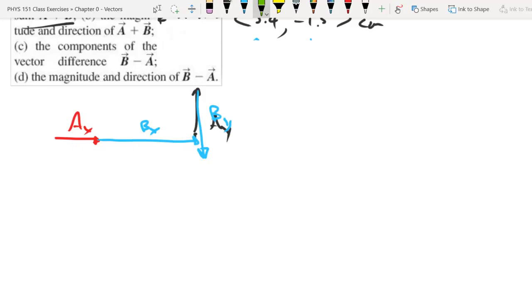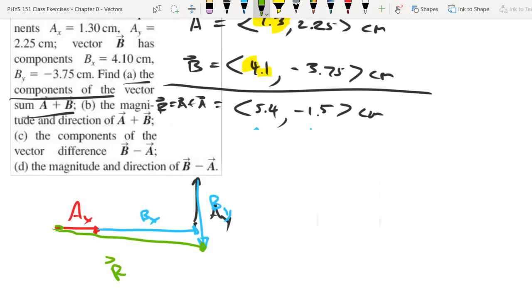This is my resultant of AX plus BX plus AY plus BY added all together, all these vectors, and it looks something like this. And this is my resultant R, which is what we came up with over here, which looks much more accurate, right? So that's graphically really what we're doing. We're breaking it up into these four vectors, and then we add all four of them together.